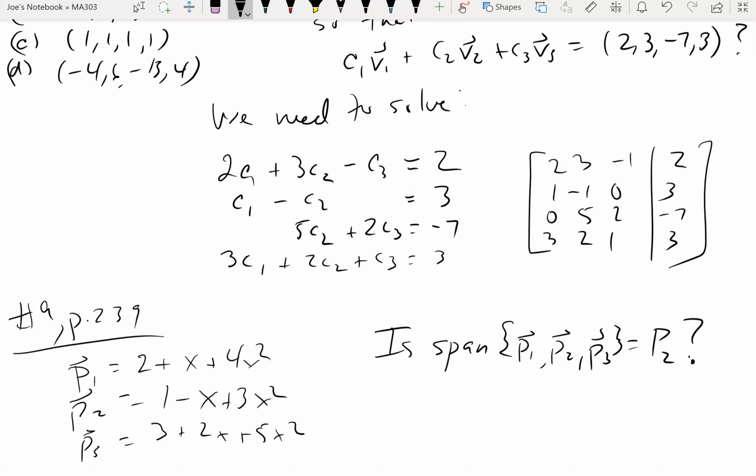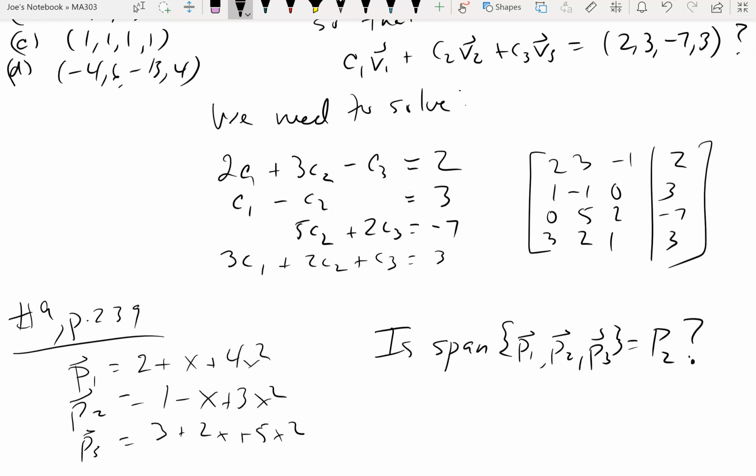I need the constant, the x coefficient, the x squared coefficient, right? I've got 3 things that I have to account for. So I probably am going to need at least 3 vectors, 3 polynomials to span it, right? Because I have 3 pieces of information I need. I have to know what the constant term is, what the x term is, and what the x squared term is, right?